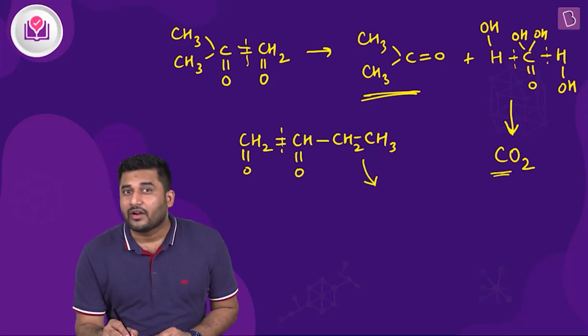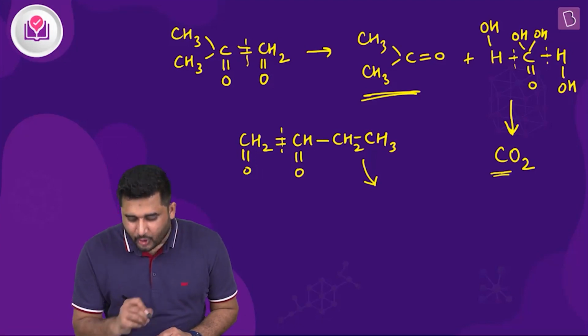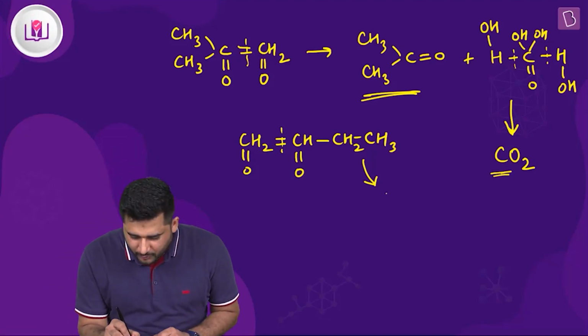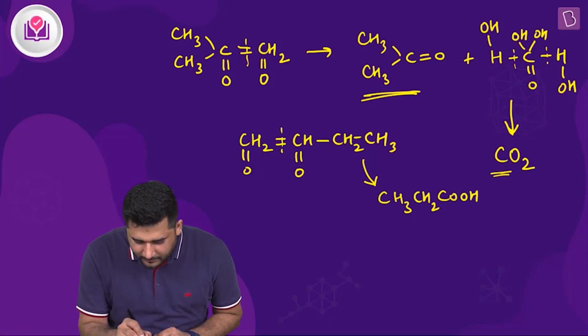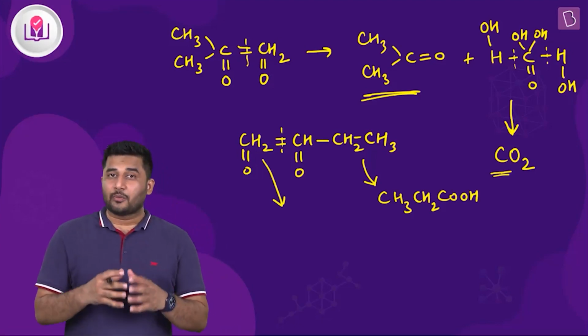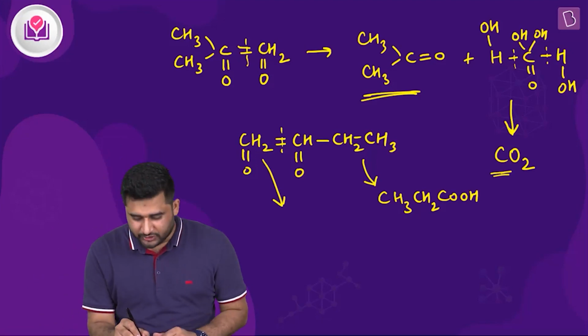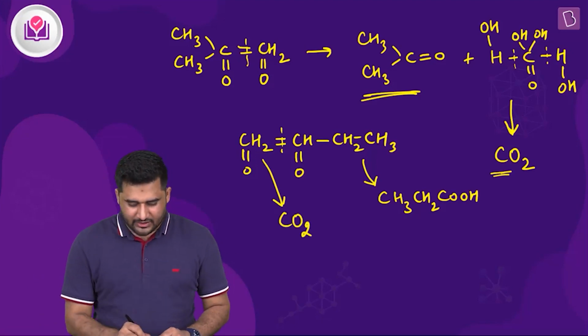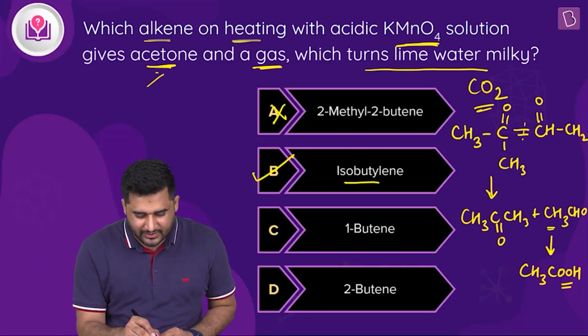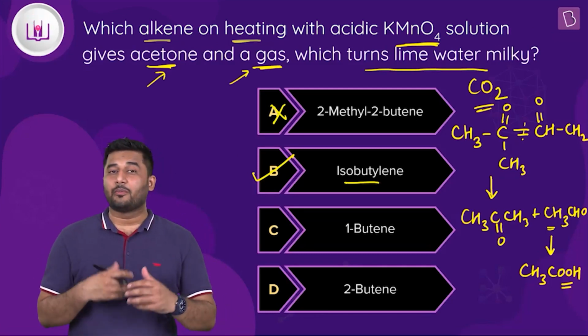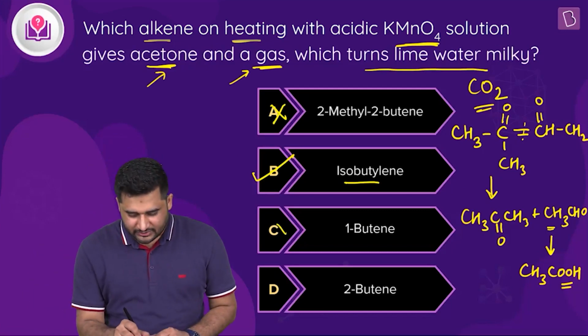The propanal will oxidize further to give you propanoic acid, that is CH3, CH2, COOH. But the formaldehyde that is obtained will oxidize further to give you CO2. Clear? And clearly you can see that this is not the right answer. Why? Because we are getting propanoic acid and CO2 and not acetone and CO2. Clear? So this is not right.